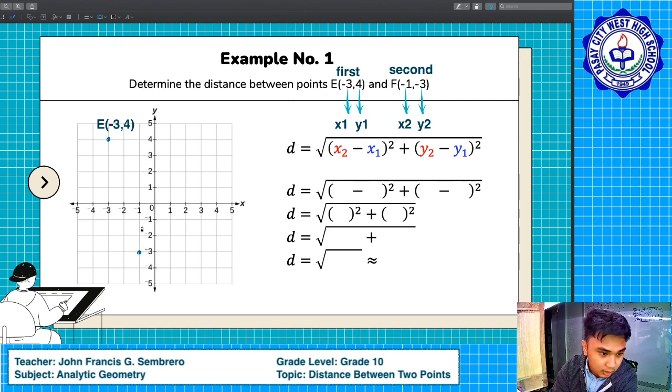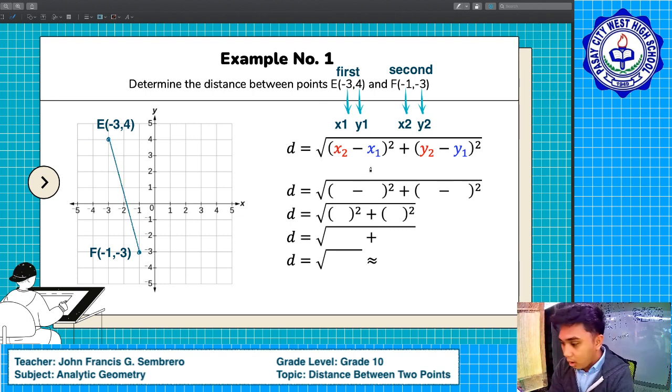Negative 1, negative 3. That's my F. Okay, and I'm interested in getting their distance. There you have it.